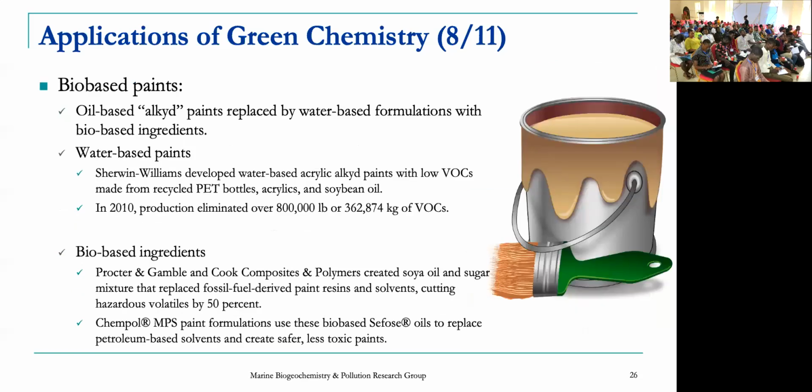So we look at the other application here, the application of green chemistry for the production of bio-based paints. Oil-based alkyd paints give off a very large amount of VOCs, that's volatile organic compounds. These volatile compounds evaporate from the paint as it dries and cures, and many have been known to have very serious environmental consequences.